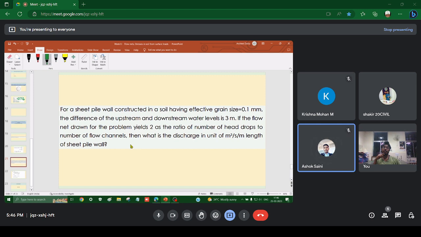Permeability. Any doubt? Permeability is not given in this question, you have to find it using the grain size. You know the formula relating permeability and grain size, right? There is a formula. You try to find it out, using the grain size or whatever data you have.